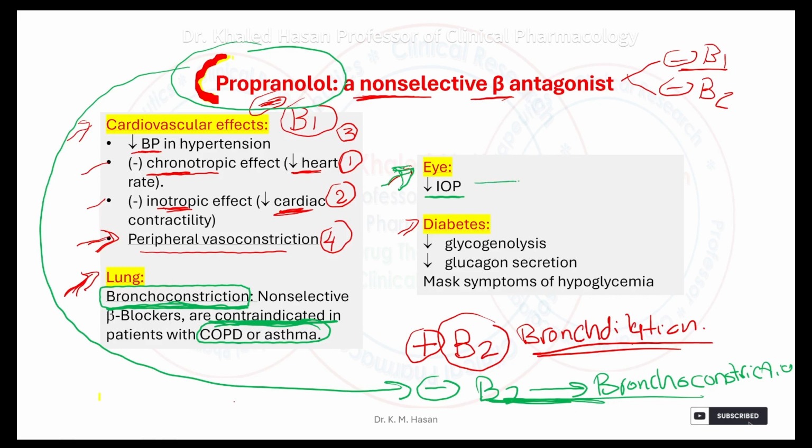So we prefer to go with eye drops such as timolol, another beta blocker, with a much better effect. You can see it lowering intraocular pressure without affecting blood pressure, without affecting the lung or bronchial tree. What about the effect of propranolol in patients with diabetes?